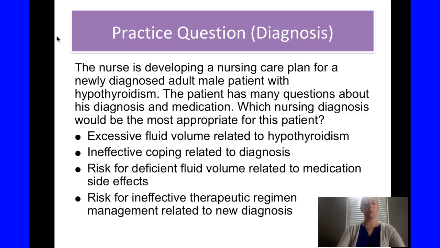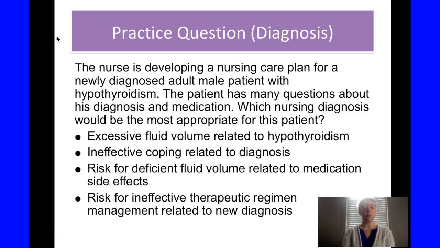So at this point, with what you know on the question, what's the best nursing diagnosis? Would it be excessive fluid volume related to hypothyroidism? No. Ineffective coping related to diagnosis? Could be. Risk for deficient fluid volume? No. Risk for ineffective therapeutic regimen management related to new diagnosis. Okay, let's go back to the question.